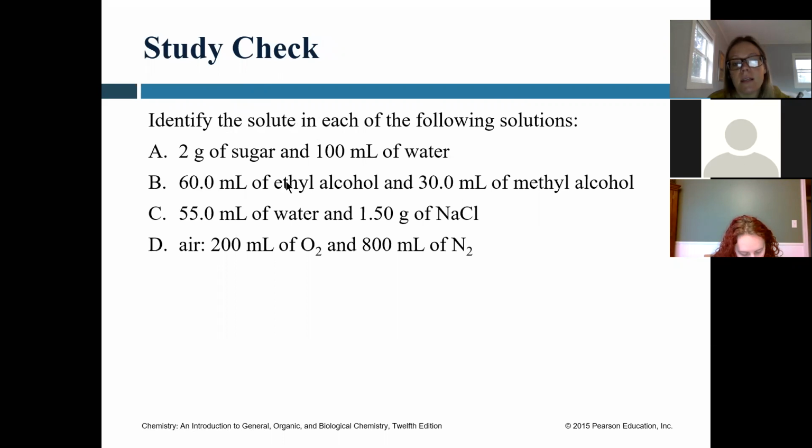If I have 60 milliliters of ethyl alcohol and 30 milliliters of methyl alcohol, whatever is the lower amount is the solute, or what's getting dissolved. So the methyl alcohol in this case would be the solute. The ethyl alcohol would be the solvent. If I have 55 milliliters of water and 1.5 grams of sodium, the solid is always going to be the solute. So that's getting dissolved in the water.